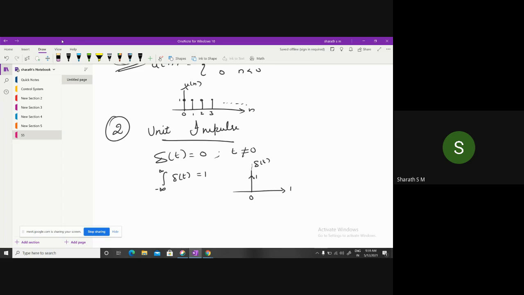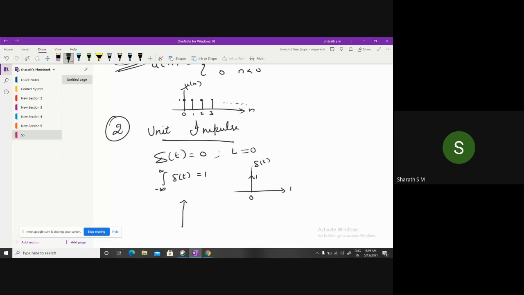I don't have any signal after 0, and before 0 also we don't have any signal, that is equal to 0. That is what delta of t is equal to 0 for t not equal to 0 means.